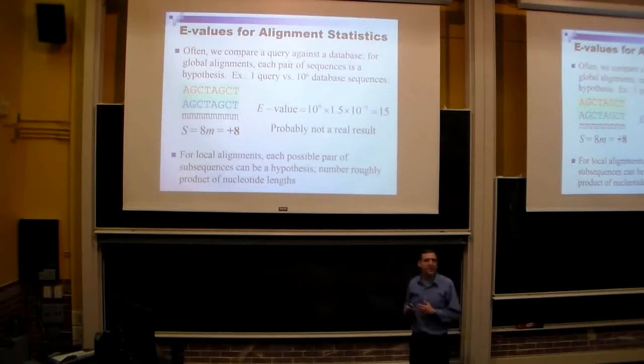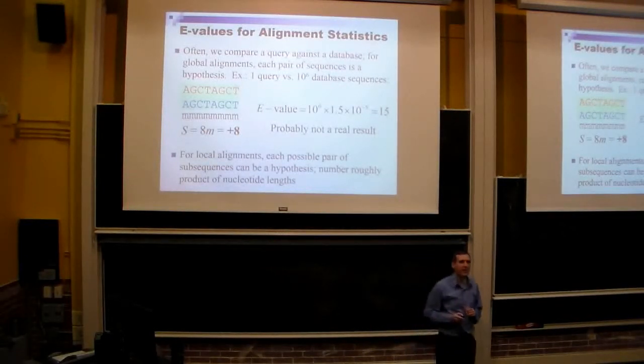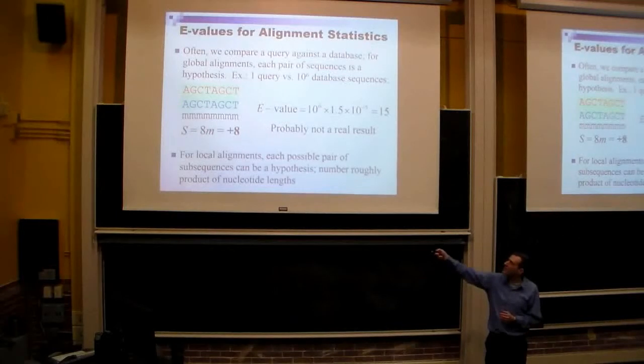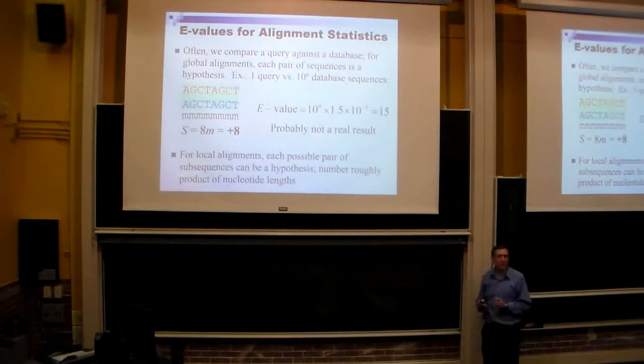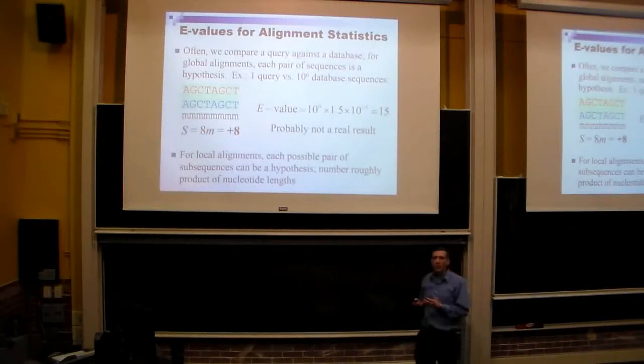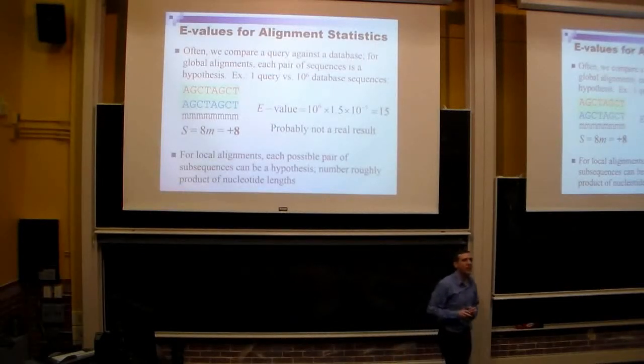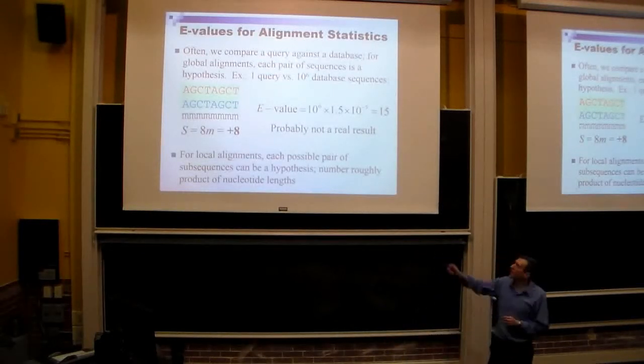Even a perfect match is not significant there because you expect perfect matches by random chance. As a general rule, the larger your database is, the stronger the evidence you're going to need, and that's going to make it really impossible to find significant matches to short sequences in big databases. If you're looking for a problem like this where you need good evidence of similarity, you're going to need some way of getting around that.